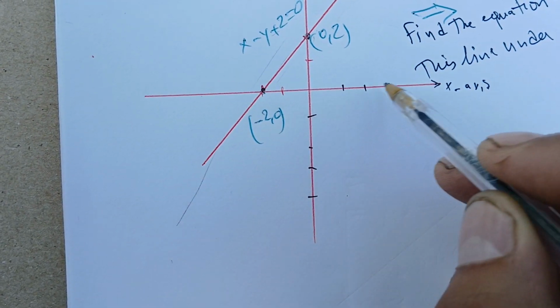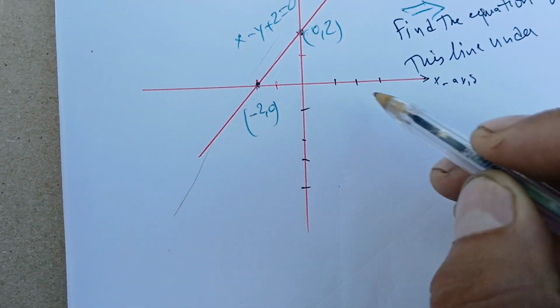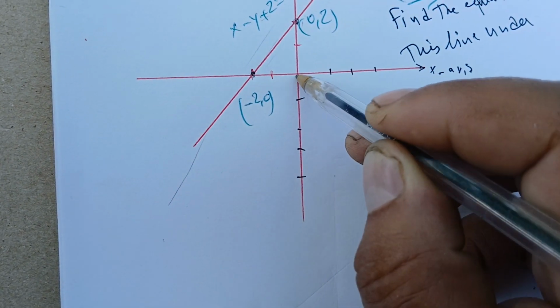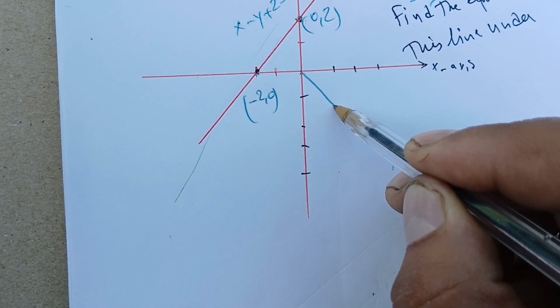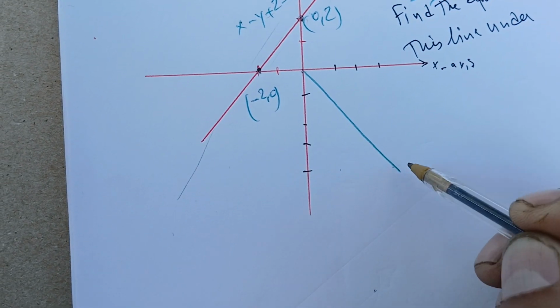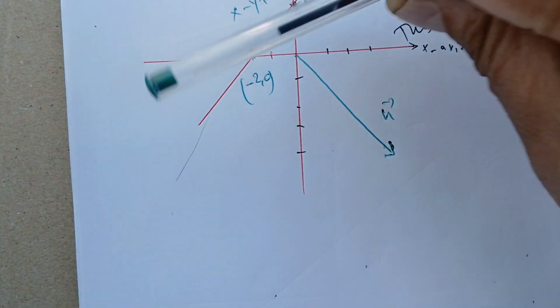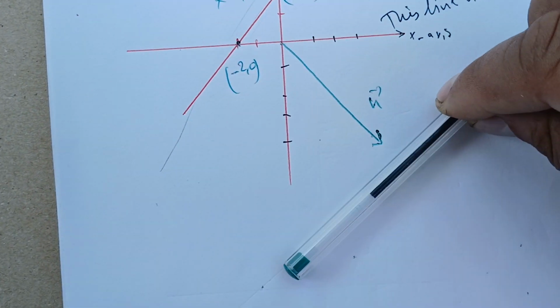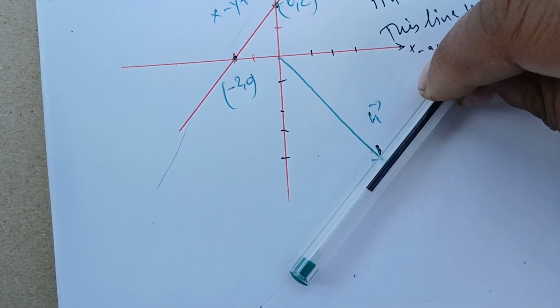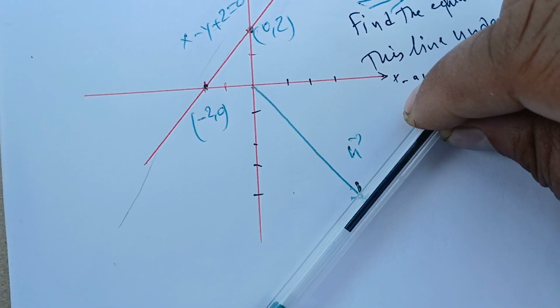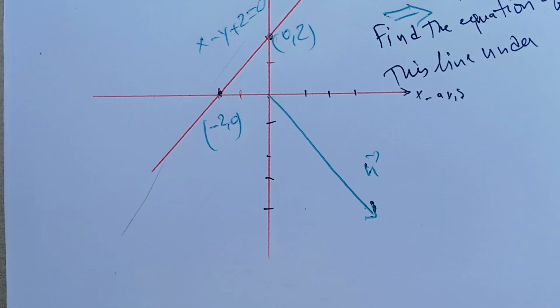So this vector is 1, 2, 3 to the right and minus 4. Approximately. So I'm going to move this line here by this vector, and see what happens to its equation in this case.